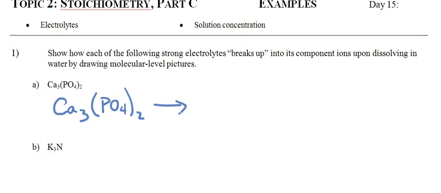Because when we place these solids into water, they will dissociate, or break apart, into their ions, and an ion, by definition, is an aqueous thing that has a charge. So what's going to happen is the calcium and the phosphate are going to break apart, and we're going to get 3 calcium ions from this calcium phosphate. And then the phosphate will also break apart, and we'll have 2 phosphates.